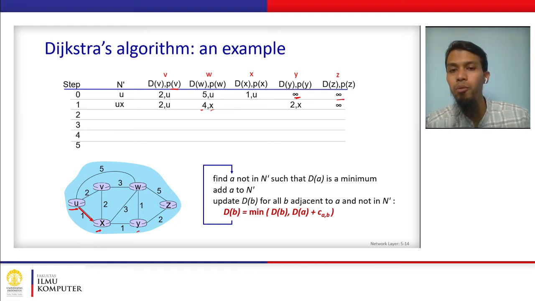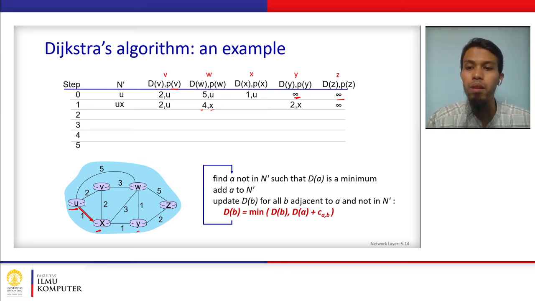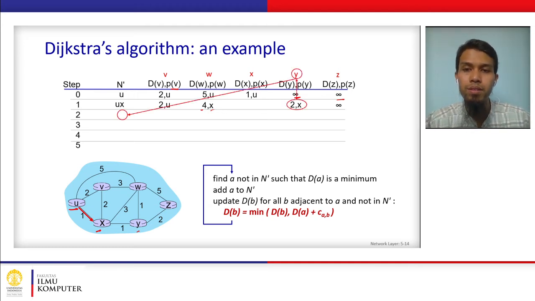Now we also find one more new path, to y with the predecessor node of x, and the total cost from u to y via x is 2: 1 plus 1 equals 2. Now we have a tie condition here.